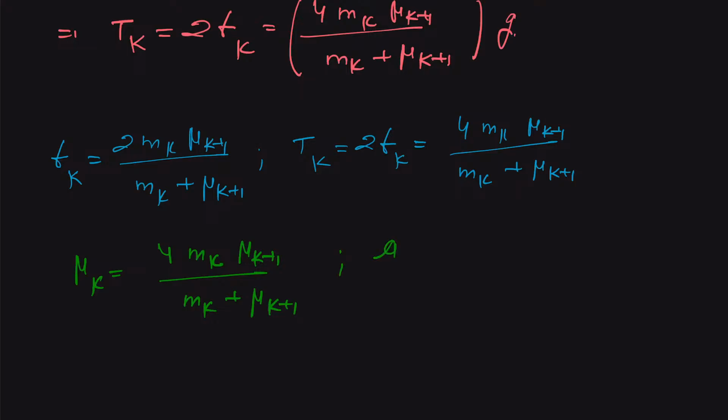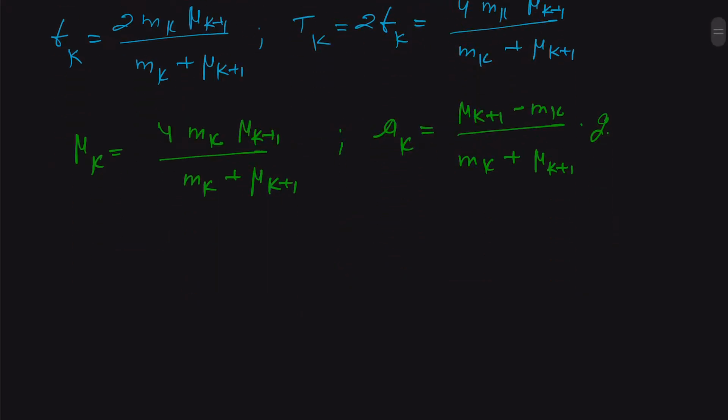And we can write our acceleration also, and acceleration comes as mu k plus 1 minus m of k, and this comes over m of k plus mu k plus 1 times g.